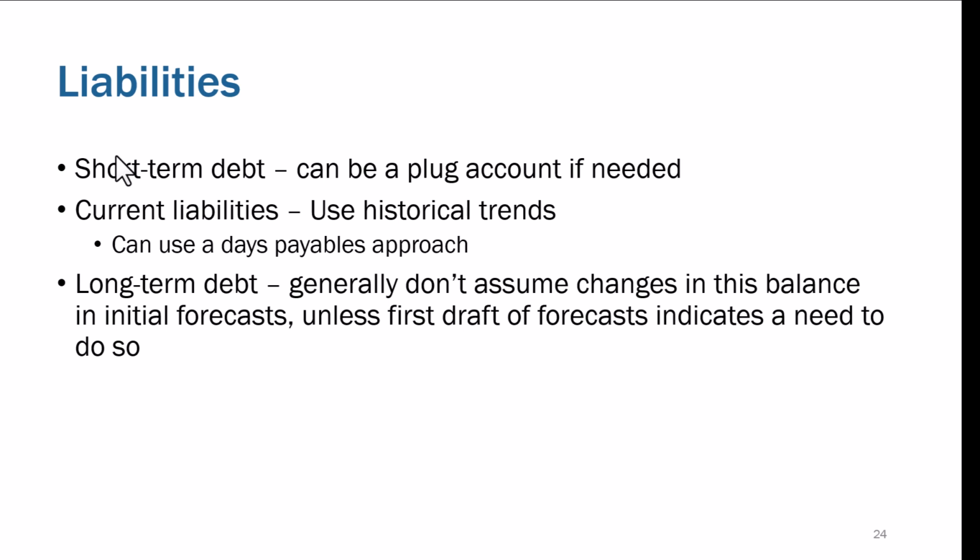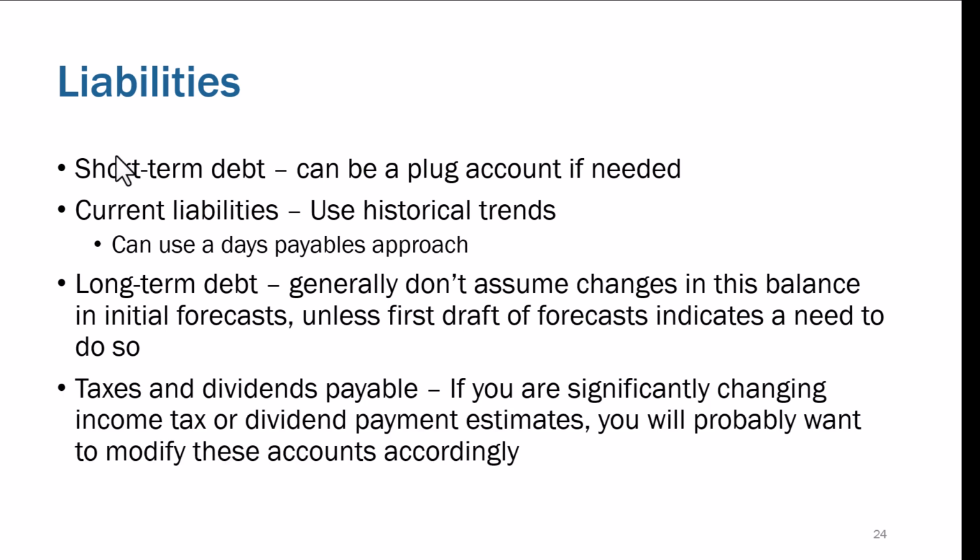Long-term debt is similar to how we treat goodwill and intangible assets. I usually don't start with forecasting an increase in long-term debt unless the drafts of the forecast imply that we are going to need to borrow in order to sustain. And then taxes and dividends payable.